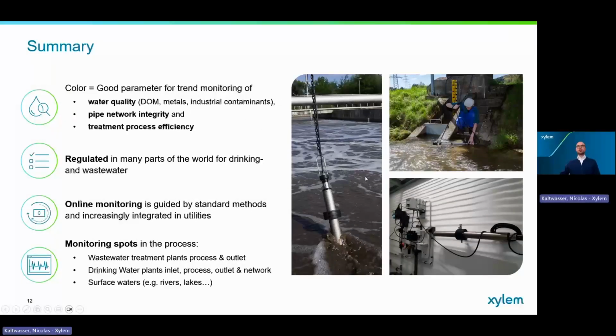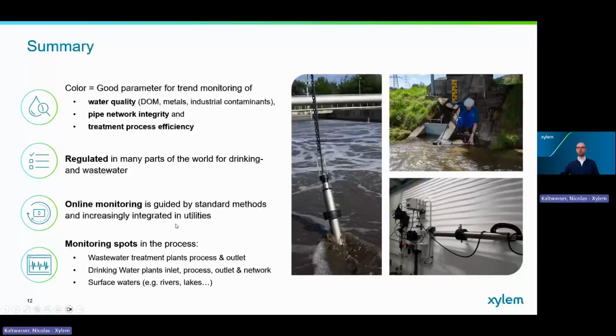So let's quickly summarize what we just learned. Color is a good parameter for trend monitoring of water quality, of pipe network integrity, and also treatment process efficiency. It is regulated in many parts of the world for drinking water and wastewater. Also, online monitoring is guided by standard methods and is increasingly integrated in utilities.